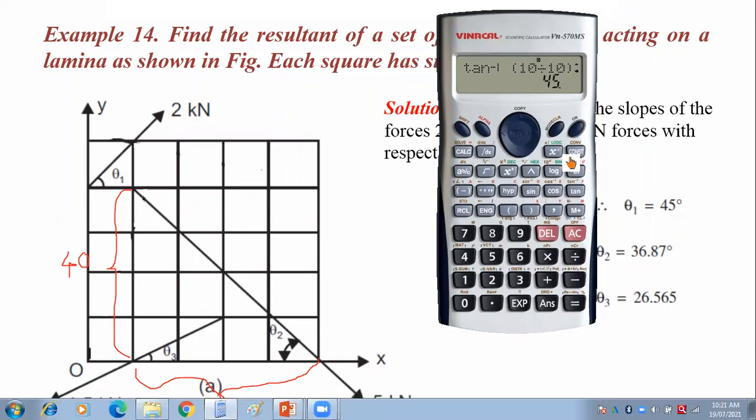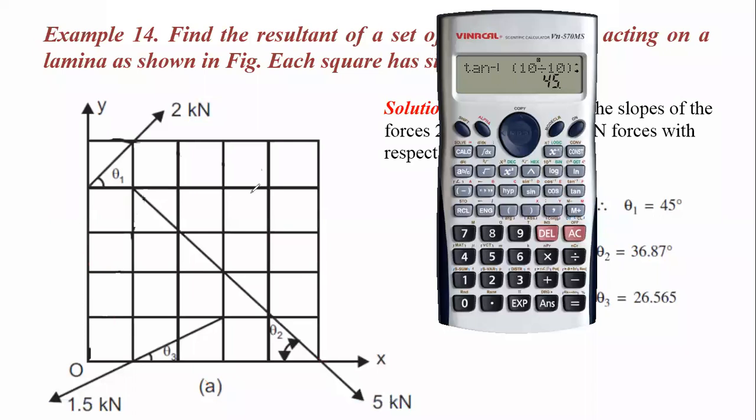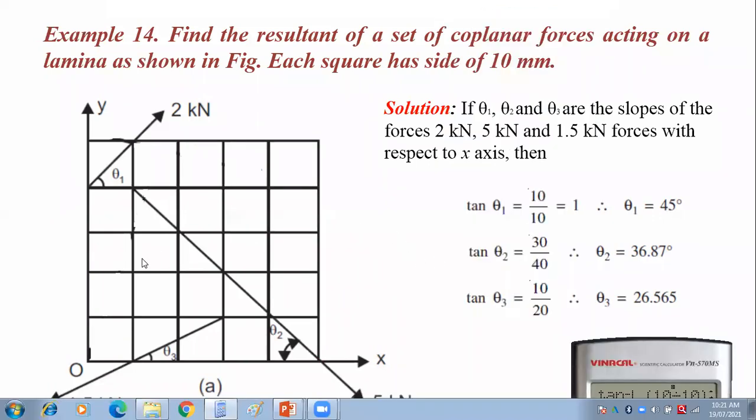Opposite side upon hypotenuse, tan inverse.